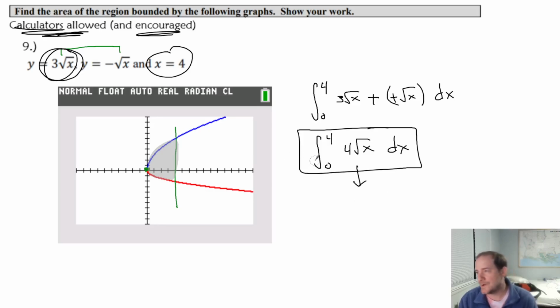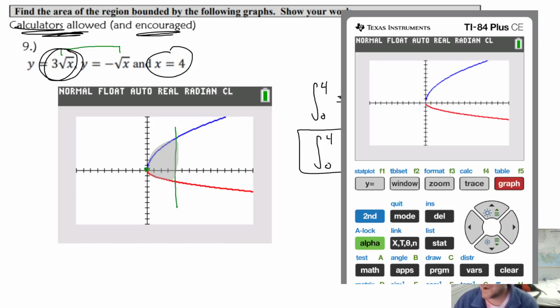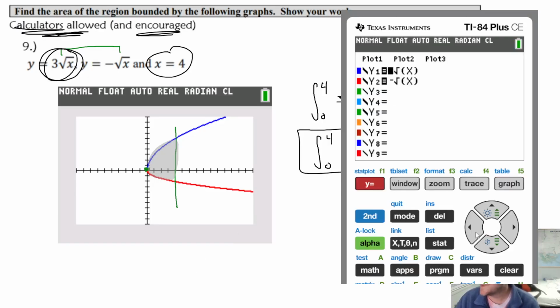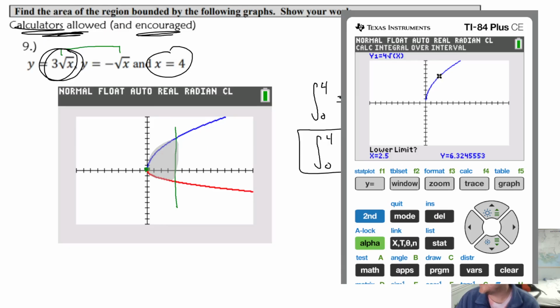If you couldn't, that's a problem. But we have a calculator, we're allowed to use it, so we'll use it. I'm actually just going to clear these out. I don't need them at all, because we know that we're really just integrating for root x. And we know that we're integrating, second calc option 7, from 0 to 4.